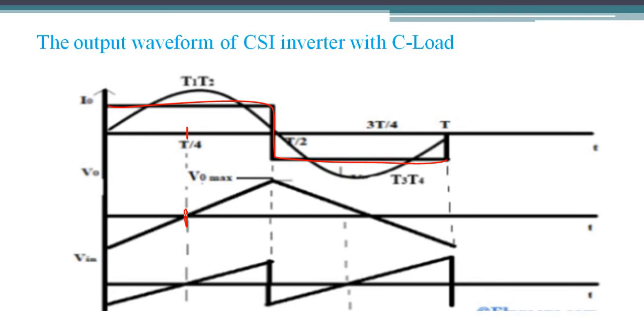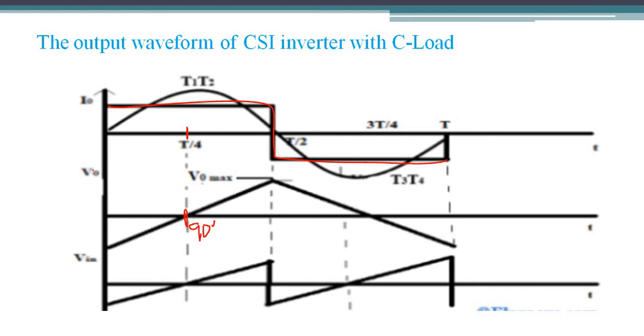Here we observe these two points. The voltage appearing here exactly lags I by 90 degrees. Okay. So this is your pi by 2, 90 degrees. So the voltage exactly lags by 90 degrees, since it is a pure capacitive load.